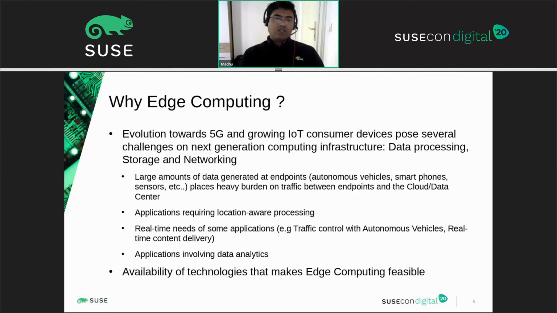Some of it must be processed somewhere close to the devices, and it's also important because the real-time needs of some applications demand that. Some of the applications involve data analytics, which require data on the spot, in the location, and make decisions in real time.